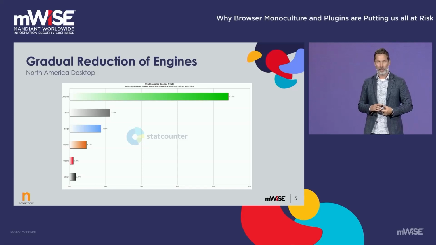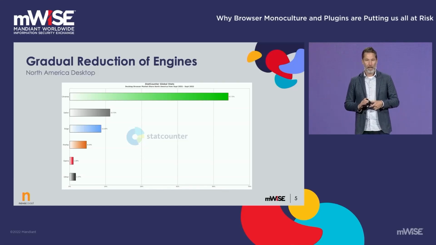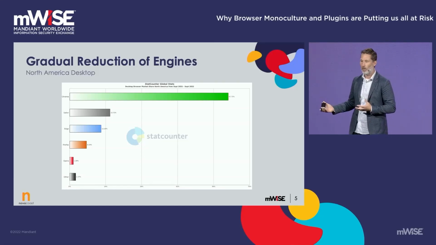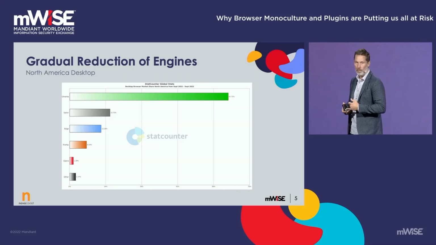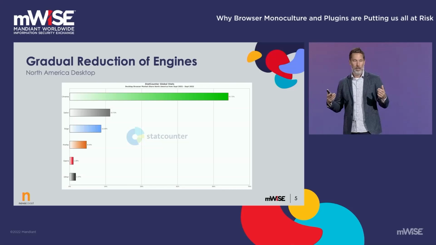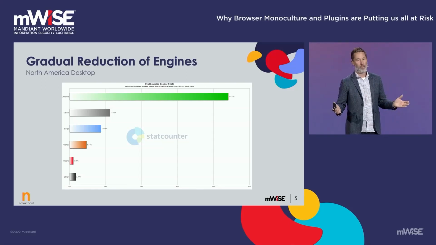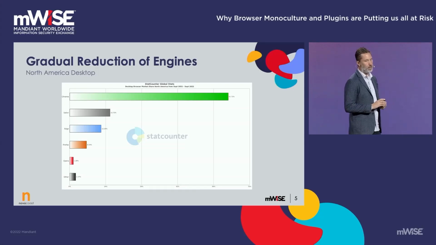Those are really just the same browser these days. And those take the vast majority of the market share. So any exploit that ends up in your browser is going to affect a very wide population. And that's a problem from a population health statistic.